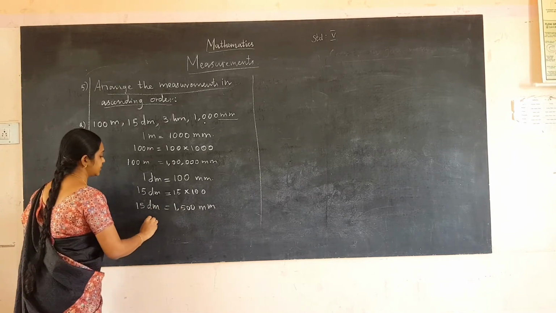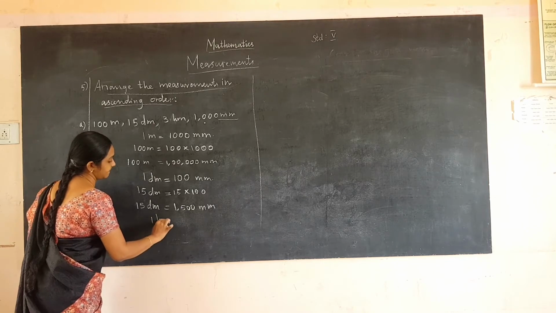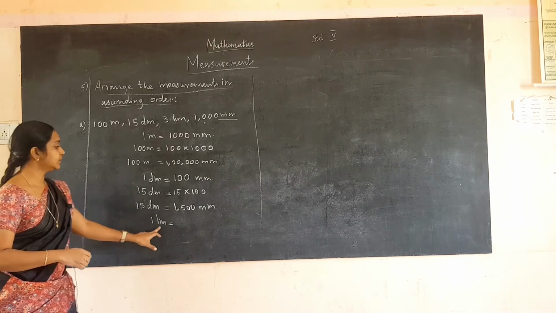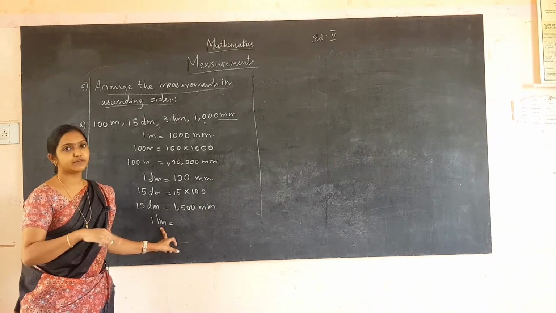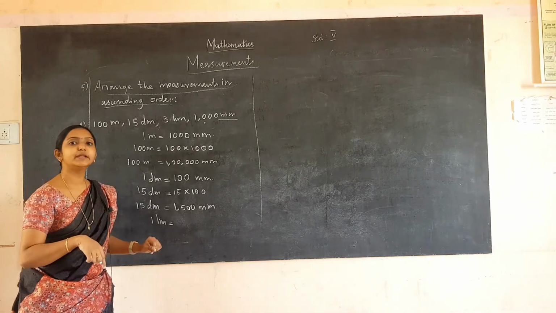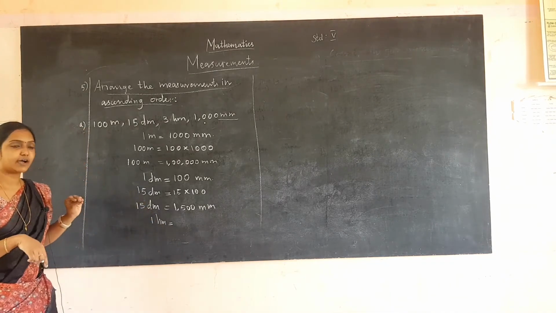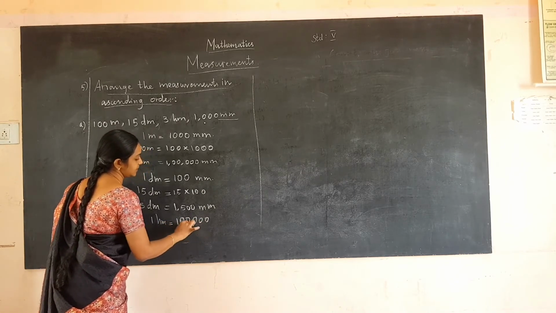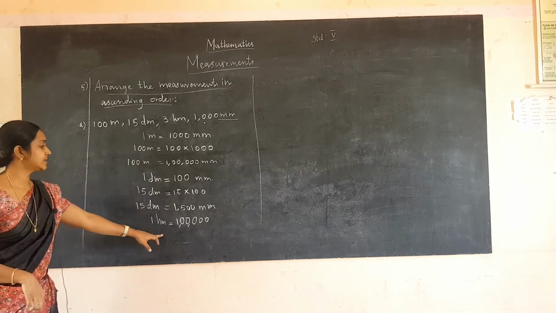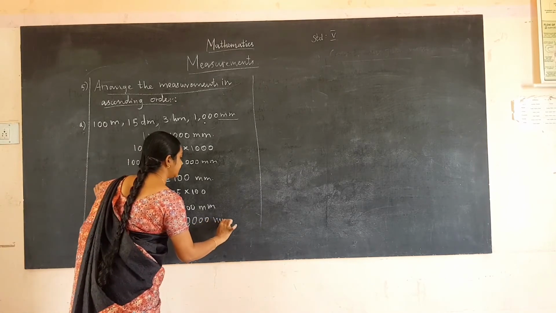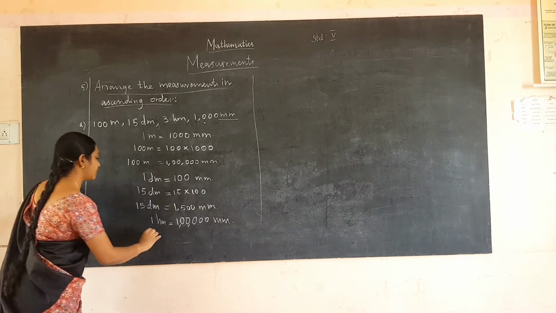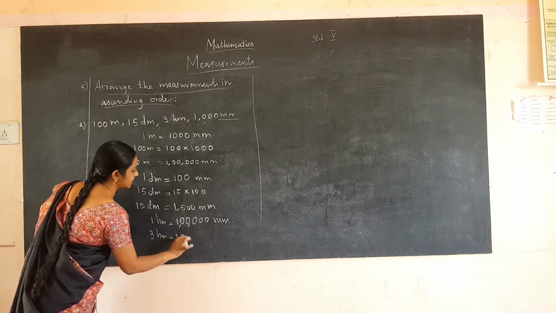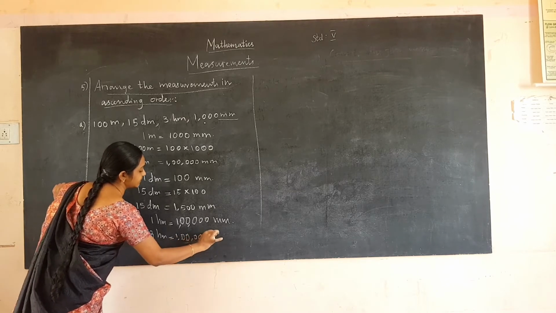Next I am going to convert hectometer into millimeter. From larger unit to smaller unit, so we have to multiply. Count how many places we have to move. It will be 5, so we have to put 5 zeros. It is 1 lakh. 1 hectometer equal to 1 lakh millimeter. So for 3 hectometer we have to multiply 1 lakh with 3.